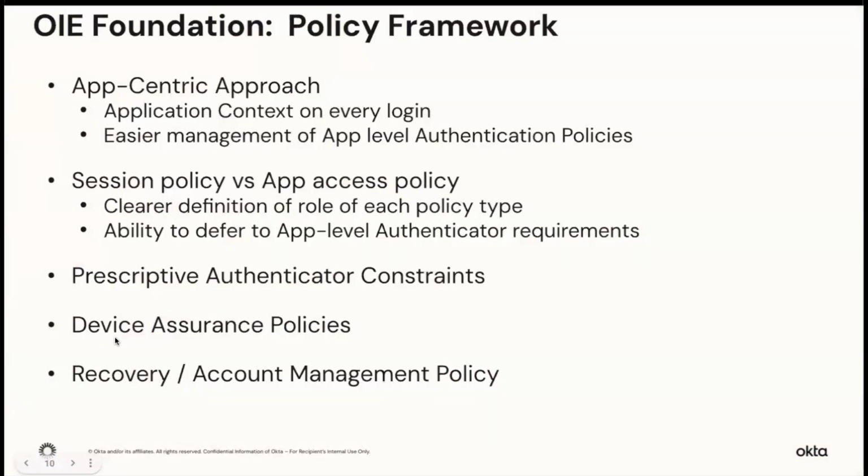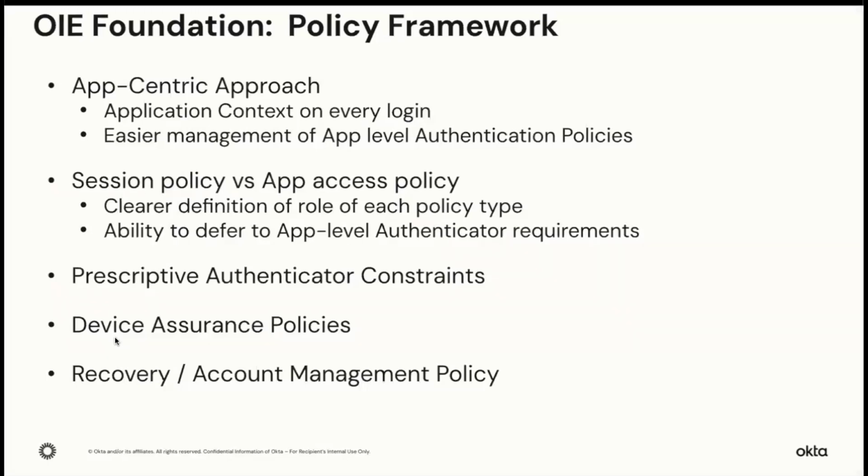All right. So the next big area that I want to talk about is the changes to the policy framework. Outside of the new authentication pipeline, this is probably the next biggest signature change in OIE. The first thing is that there's a move to a more app-centric approach in OIE.